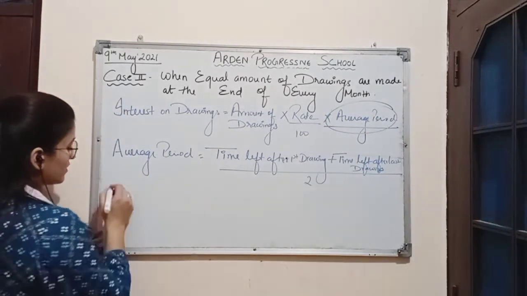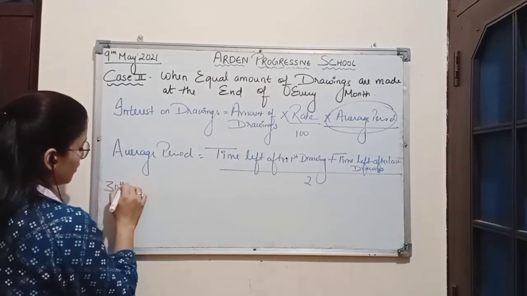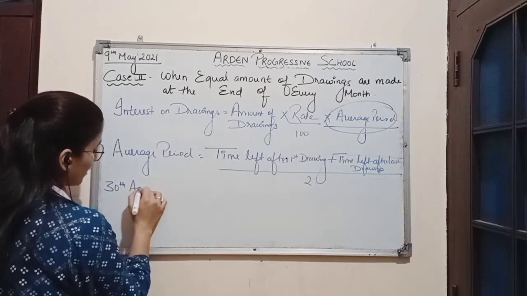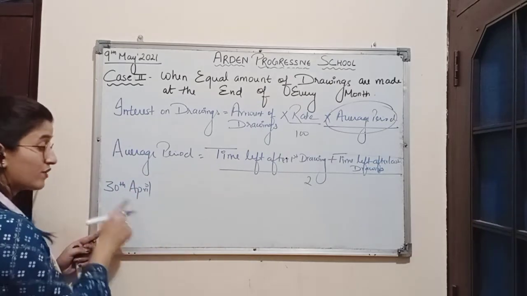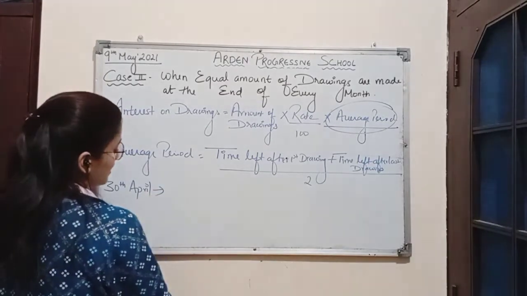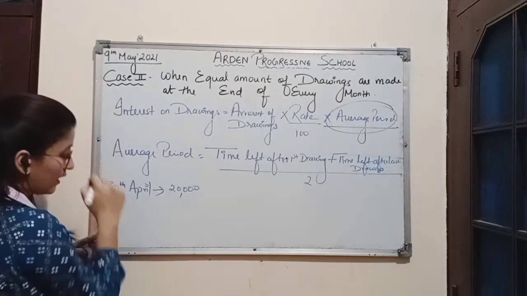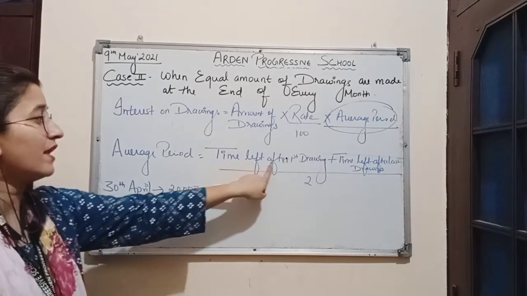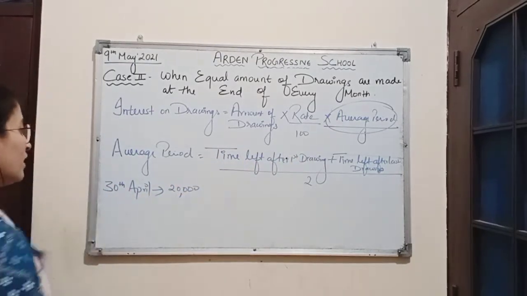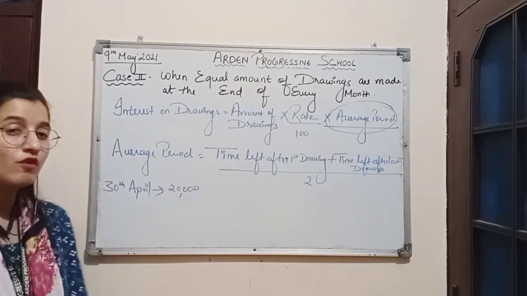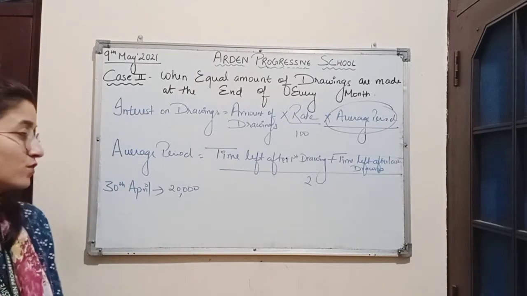So let's suppose the first drawing which the partner will be withdrawing at the end of first month, which is 30th April, and he is withdrawing 20,000. Now, so time left after first drawing will be, we will calculate the time period from 1st May to 31st March. Why?